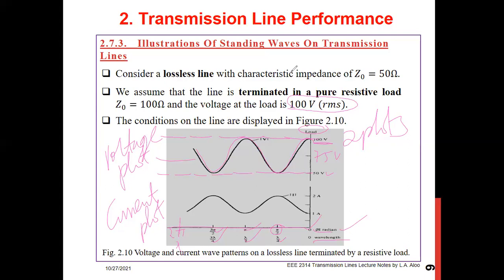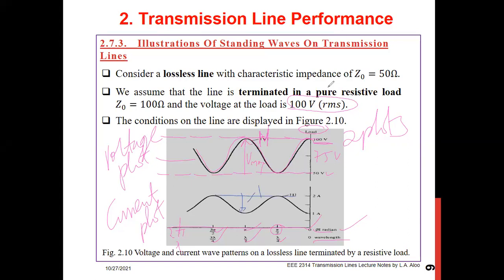Now, take note of the fact that we can determine the magnitude of the voltage. For example, if you take this point, you can determine V max there. And I want us to take note of the fact that V max there will be corresponding to I minimum.